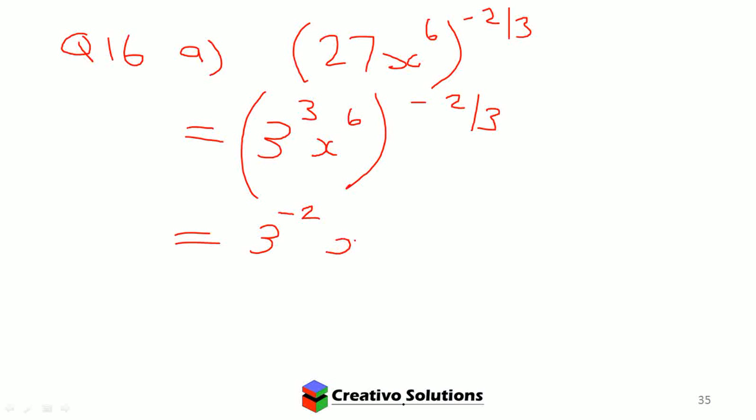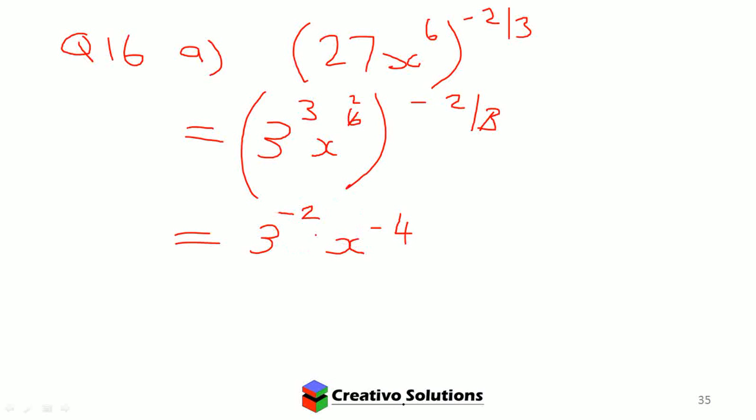Then I'll have x, and I'll do the same thing for this one. 6 times minus 2 over 3. Well, 6 can cancel with the 3 and I'll be left with 2. 2 times minus 2 is minus 4.